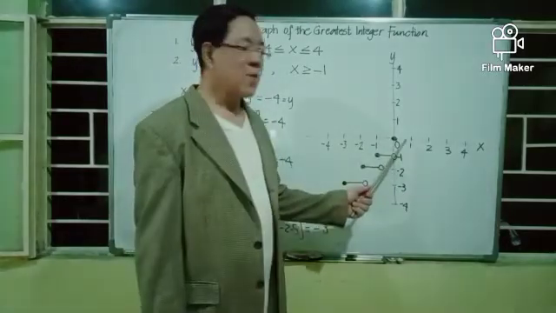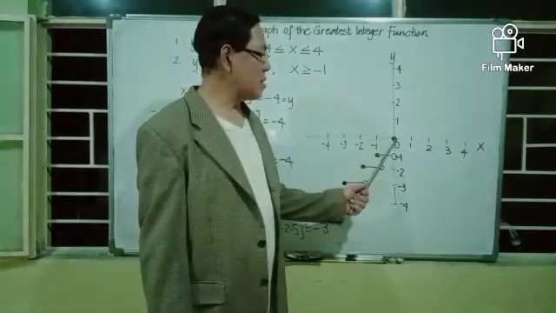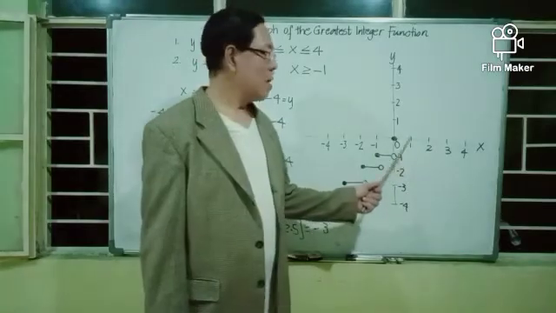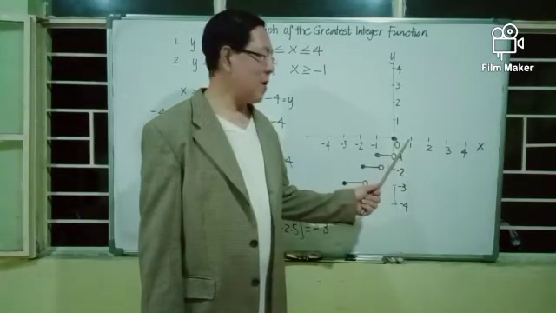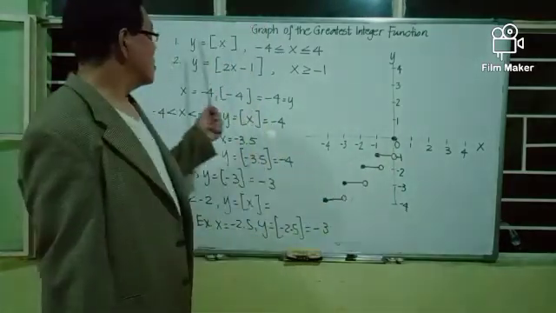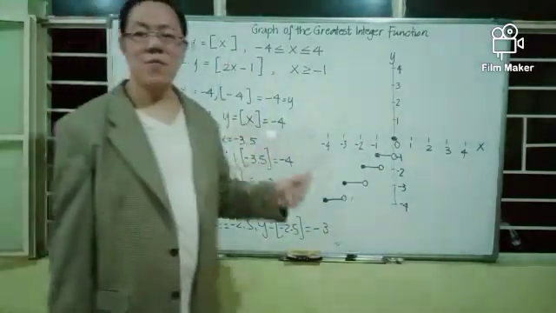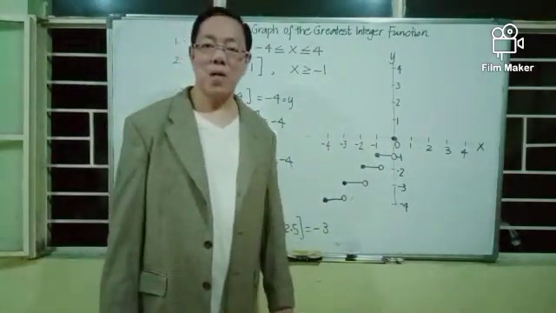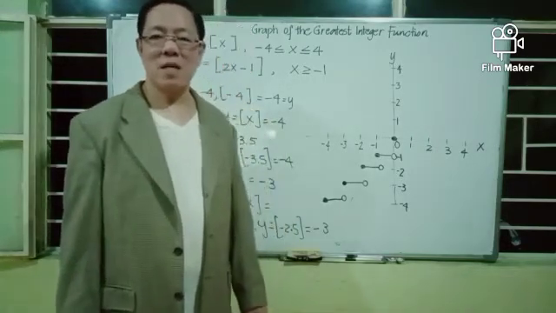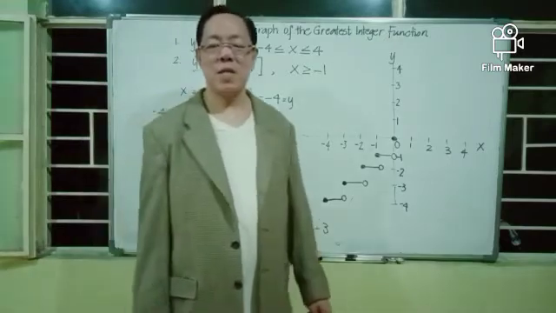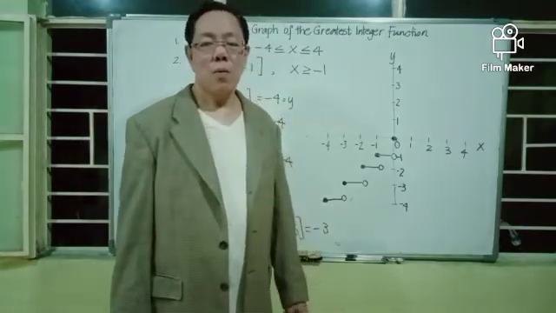Again, if we take values of x between 0 and 1, a particular value of x is 1.5. If x is 1.5, the value of y is the floor of 1.5. And the floor of 1.5 is the greatest integer that is less than 1.5.